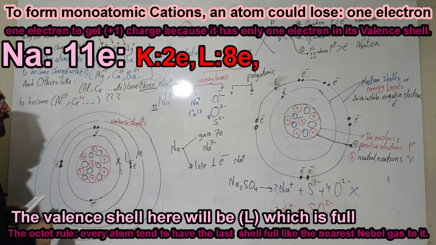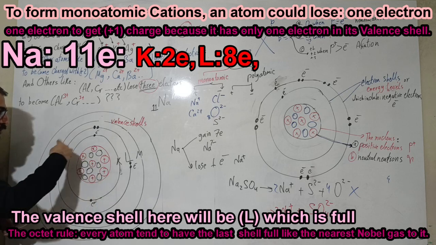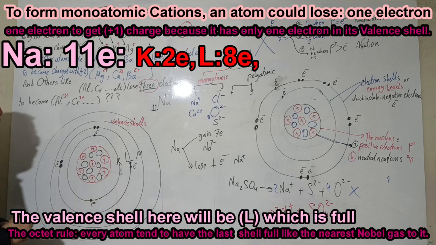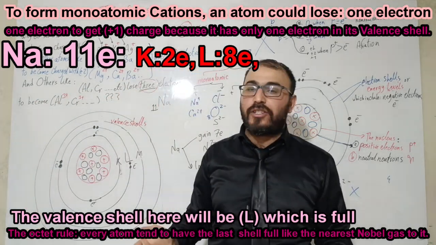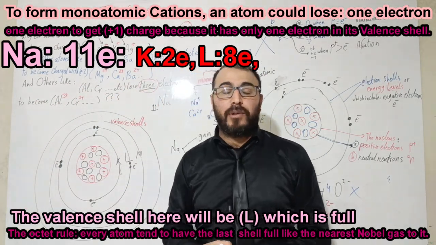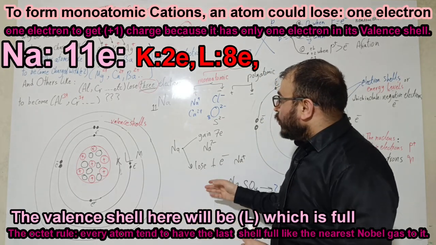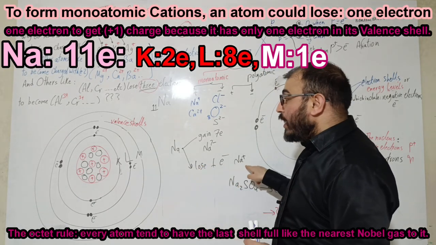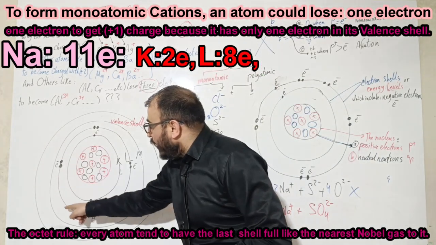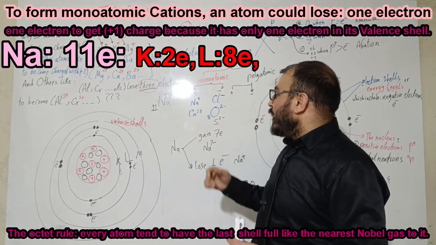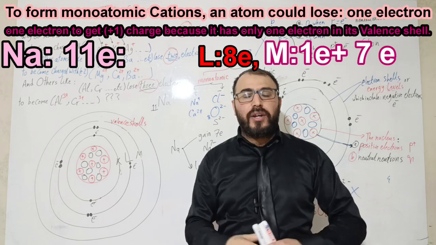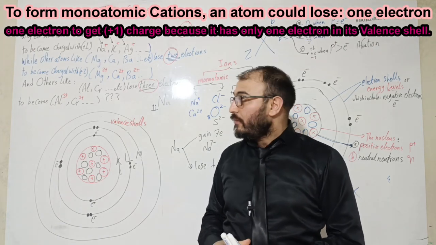How many electrons in the valence shell? 2, 4, 6, 8. Now the atom has 8 electrons in its last shell, and it is going to be stable. That's why sodium prefers to lose 1 electron to have its last shell full, better than gaining 7 electrons, which requires a lot of energy.